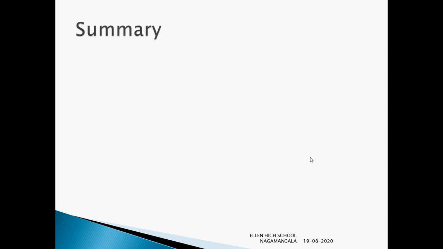Students, in this class we studied the meaning of AP. What is the meaning of AP? An arithmetic progression or an AP is a list of numbers in which each term is obtained by adding a fixed number to the preceding term except the first term.